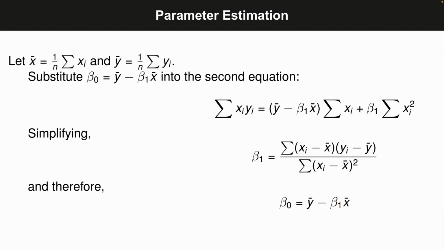And then we use that value to determine beta naught, which is y bar minus beta 1 x bar. So in a sense, you're using the relationship between beta 0 and beta 1. There is indeed a relationship here. They are not actually independent parameters, and we'll see how we can leverage this to understand what the model is overall trying to do. Is that clear? They're not independent.